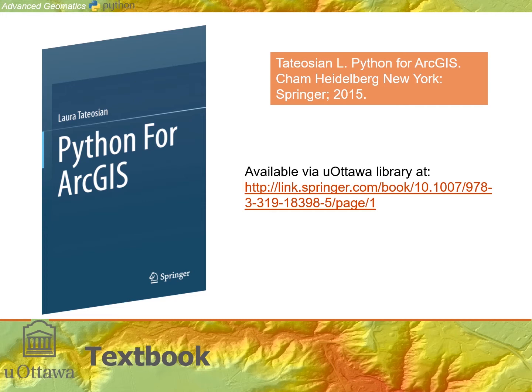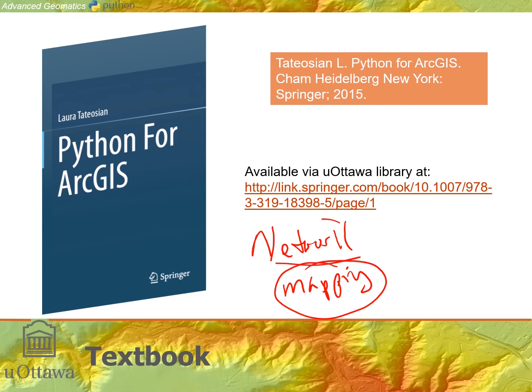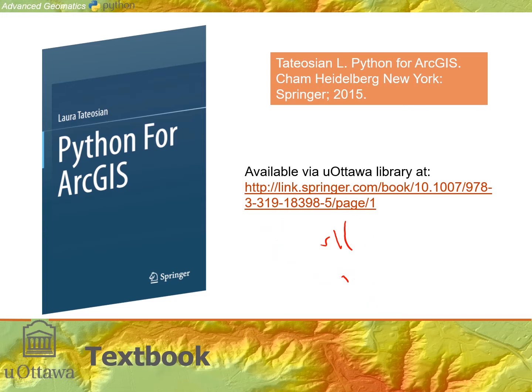So that's one we have for free that you can read, and it's good for everything except anything to do with network analysis or mapping, what we call the mapping module or the network analysis module in ArcPy. Anything referencing those two in that book doesn't apply, because these are completely different in ArcGIS Pro. But you'll have time to learn about that later. You won't understand everything I'm talking about right now, and that's okay.